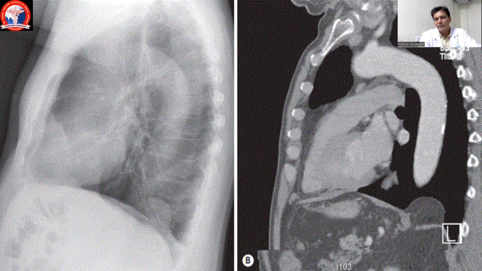On the left side, and posteriorly. So this is a Bochdalek hernia, which is seen in the form of a bulge along the diaphragm, as well as discontinuity of the diaphragm. So this is a Bochdalek hernia.